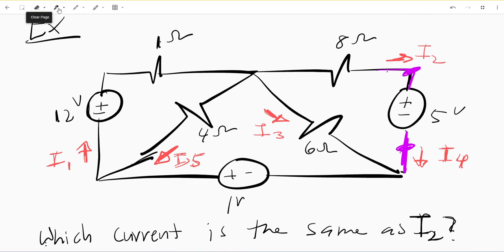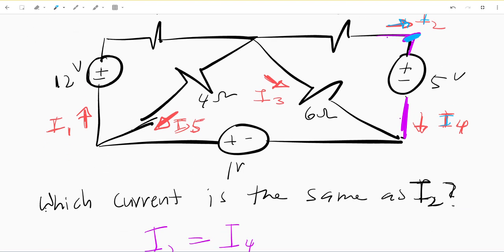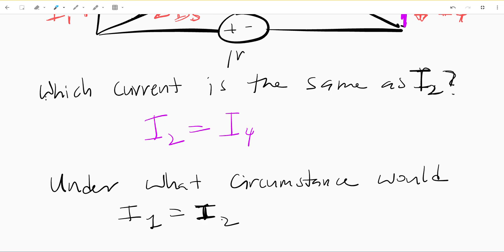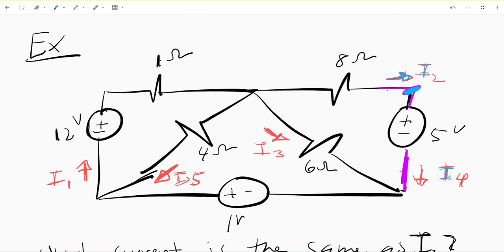So actually in this situation here, we only have an ordinary node right here, which connects I2 to I3, or I2 to I4. So in our second example, under what circumstance would I1 equal I2?